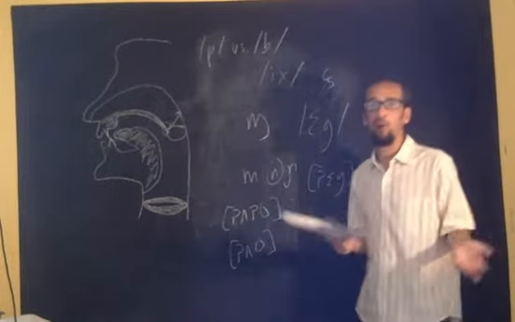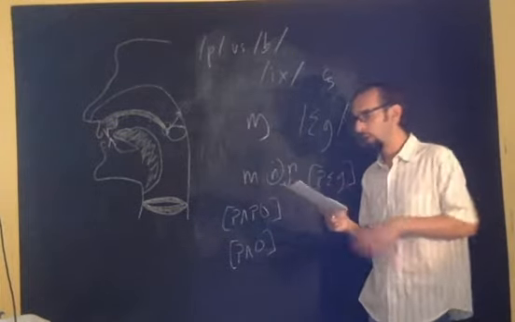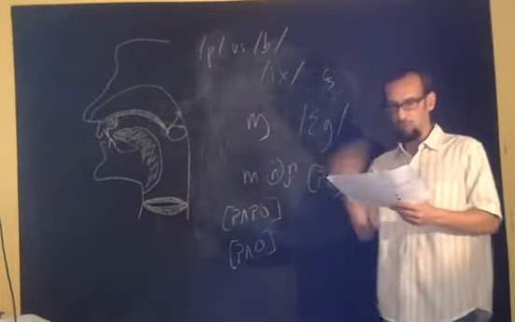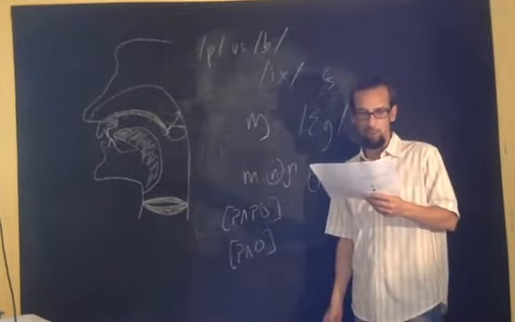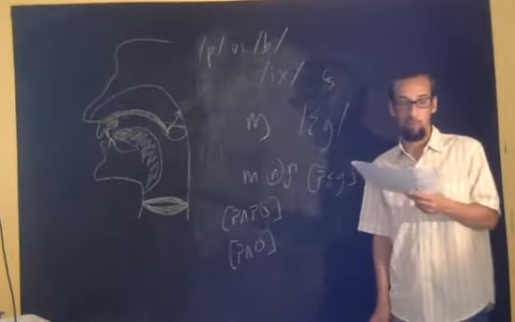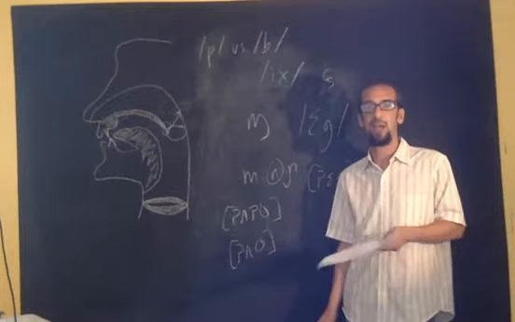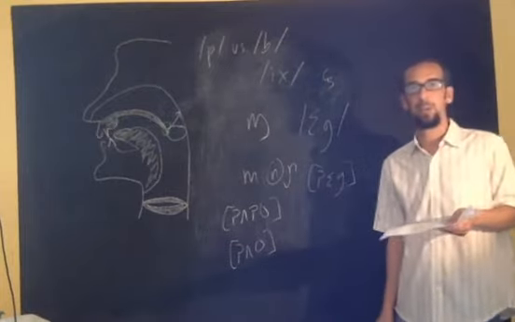But first of all, the coronal stops pattern differently from the velar and the labial ones in that, in between two vowels, where the second vowel is unstressed in English, both the voiceless and the voiced t and d stops become this short tap sound, as in butter, batter, metal.